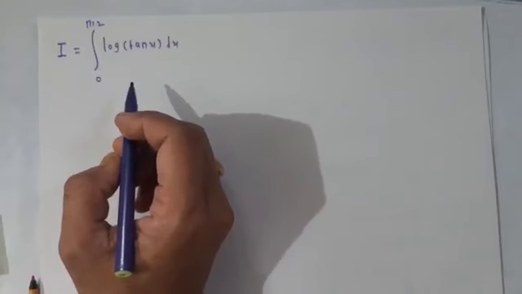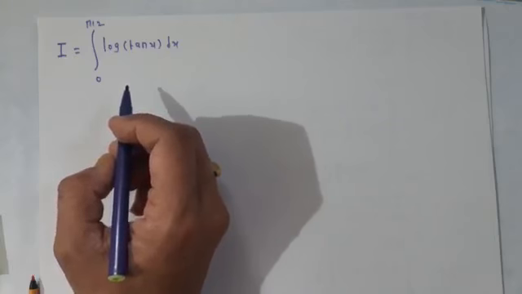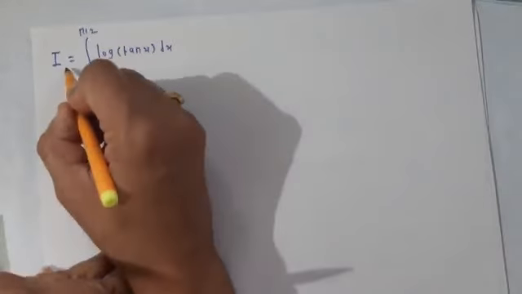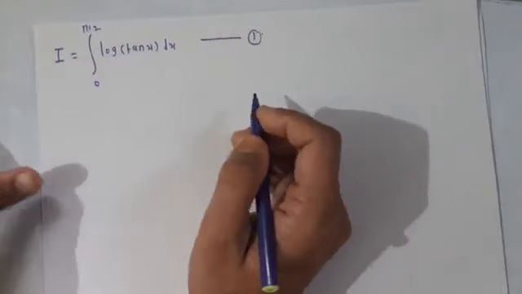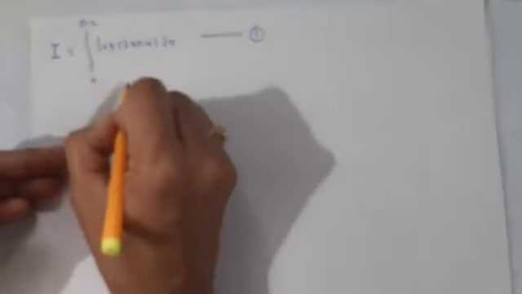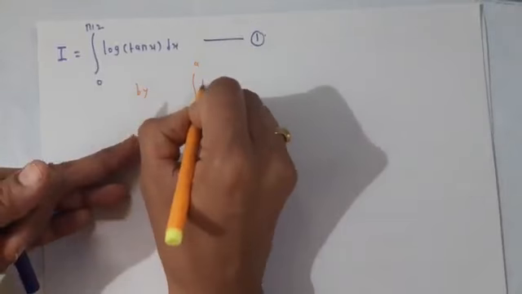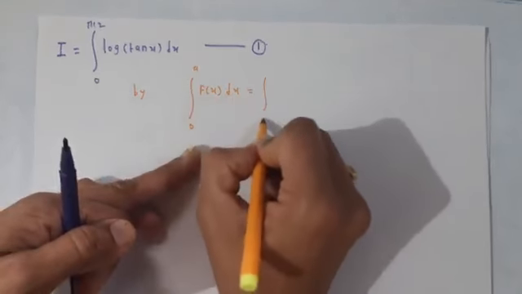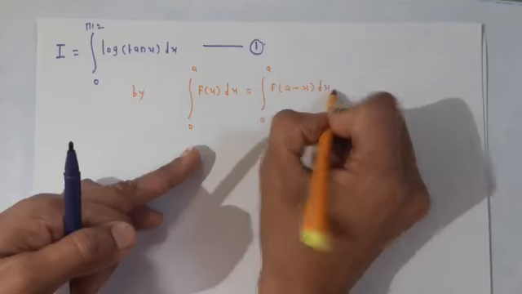Now, to solve this integration, again by using property. By using property, this is integration I. Suppose this is equal to 1. Okay. By using property, that is 0 to a f of x with respect to x equal to 0 to a f of a minus x with respect to x.